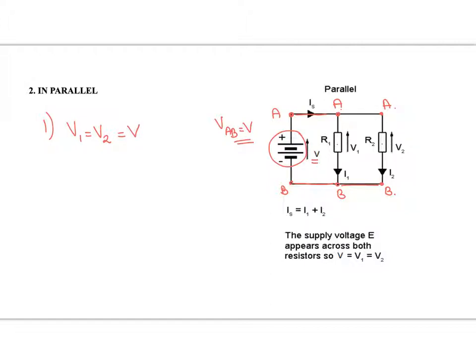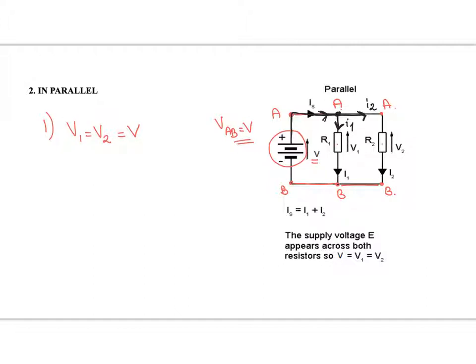The current coming from the battery here will be divided into two. One, let's say I1, will go to the resistance R1, and the second one will go to the resistance R2 as I2. So this is a junction point. The current coming into the junction will be equal to the currents going out of the junction.